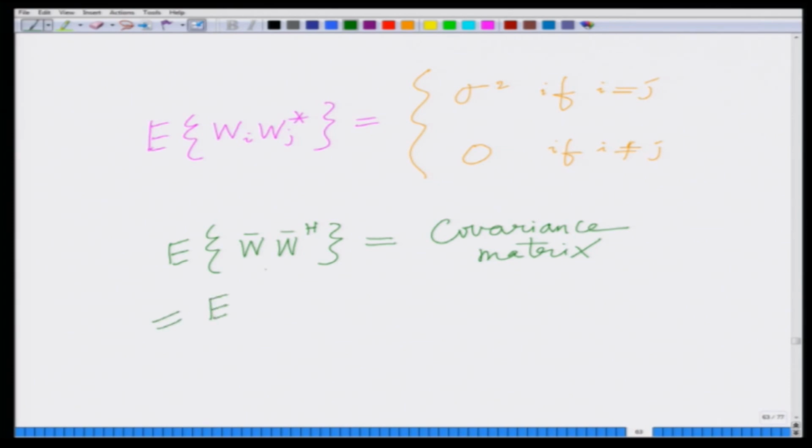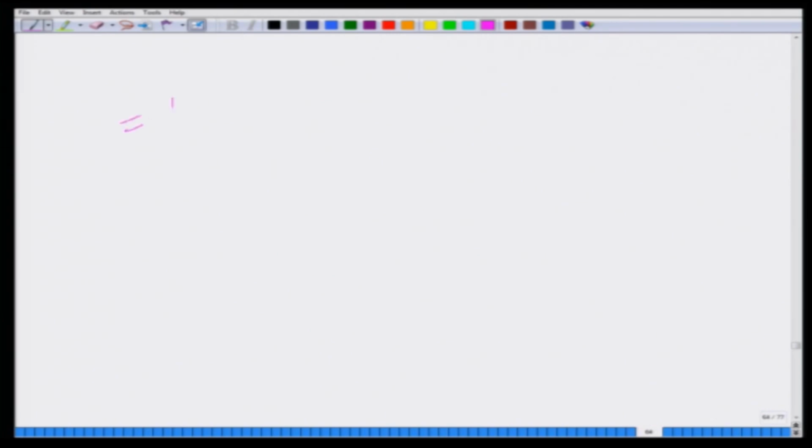This is equal to expected value of W1, W2, up to WR, times W1 conjugate, W2 conjugate, up to WR conjugate.